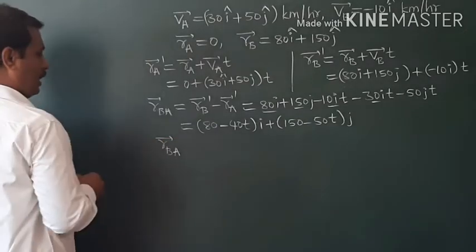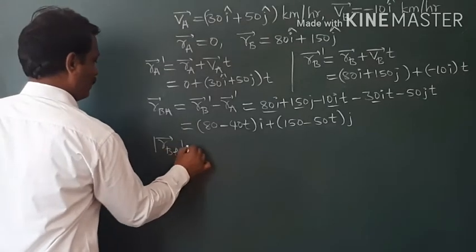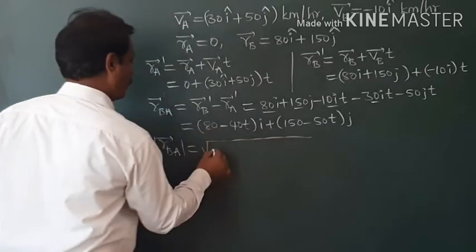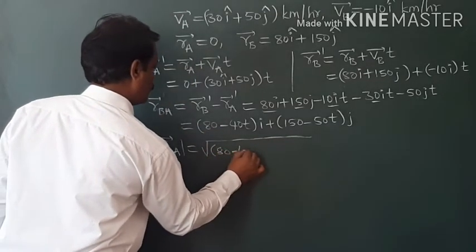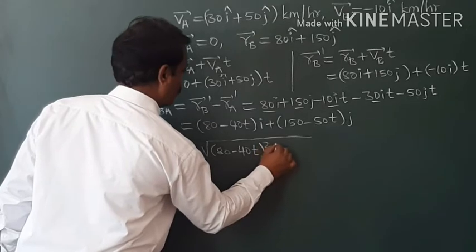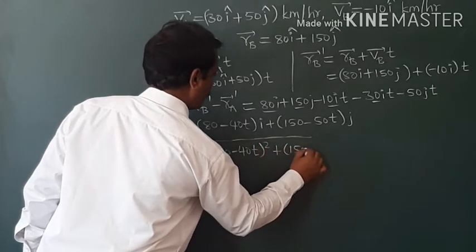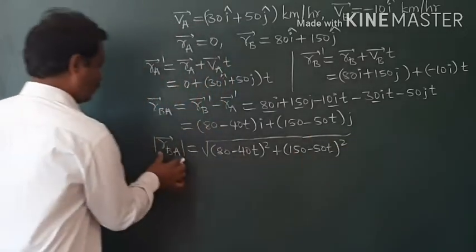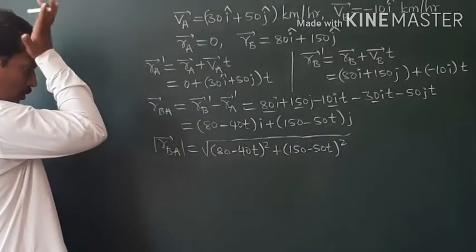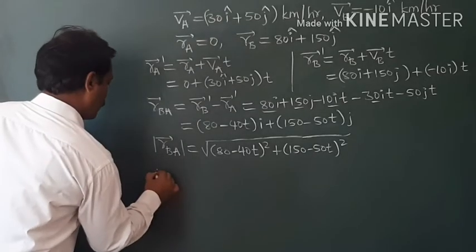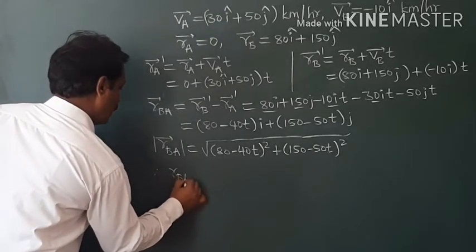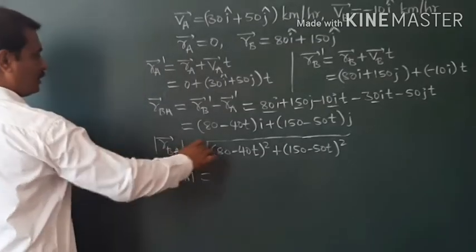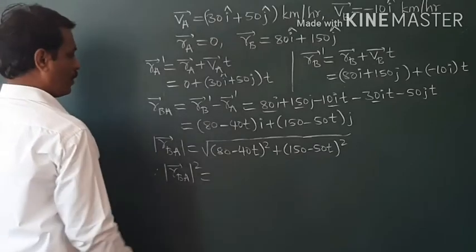Then what is the magnitude of RBA? The magnitude of RBA will be the square root of (80 minus 40t) square plus (150 minus 50t) square. This is the magnitude of the separation between the two ships. Therefore, if I square this, the square root will be removed.